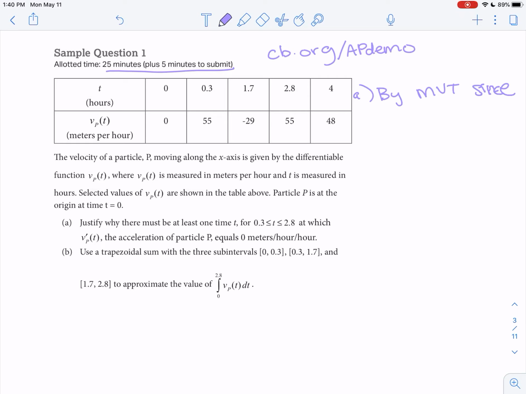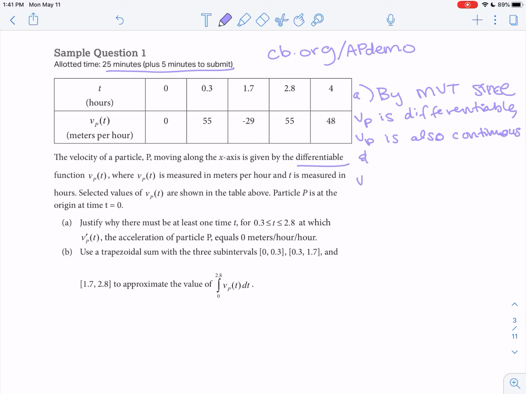They tell us that v sub p of t is differentiable. So since v sub p is differentiable, v sub p is also continuous, and then we're going to show the math.